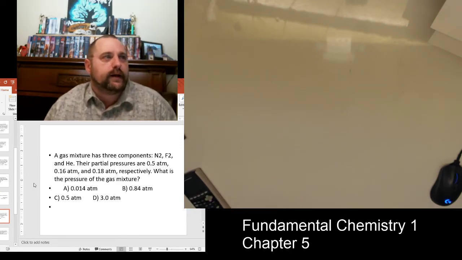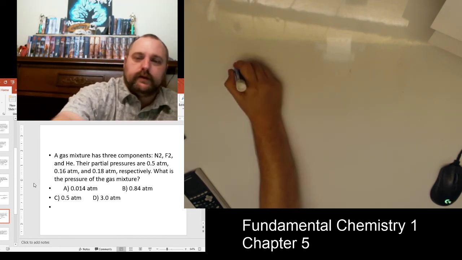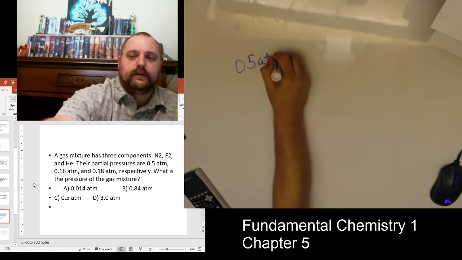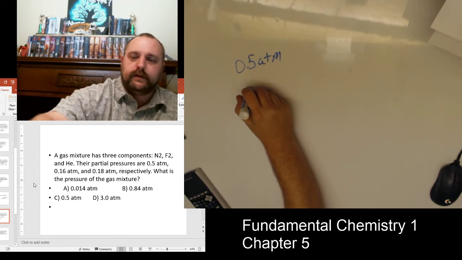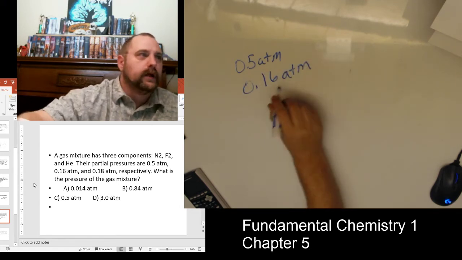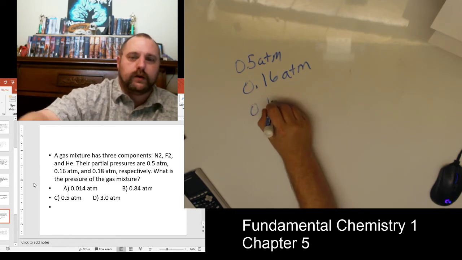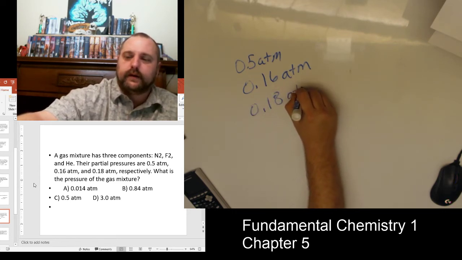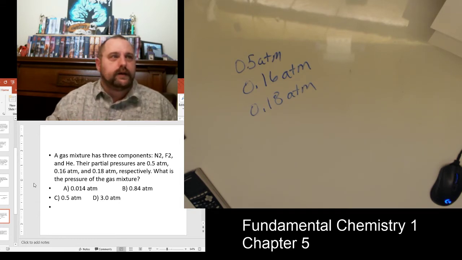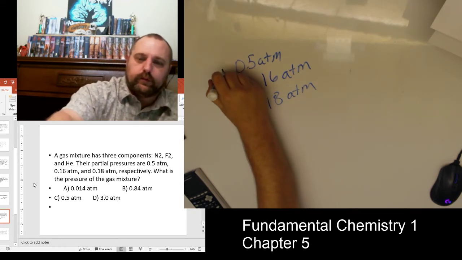All right, so this one has N2, F2, and He, and gave us those components. And it says 0.5 atm. So let's write those numbers down. 0.16 atm and 0.18 atm. All right. So looking at these, you'll notice they're all pressures.